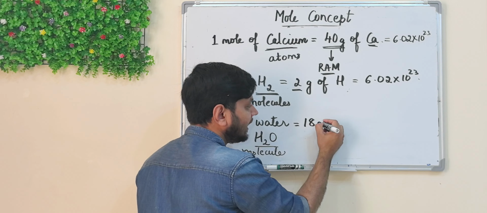So that means total 18 grams of water is equal to 6.02 into 10 to the power 23 particles in it. So that means you need to understand here, the 1 mole of any substance will be equal to its relative atomic mass, relative molecular mass, or relative formula mass.